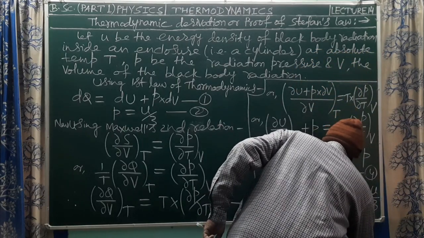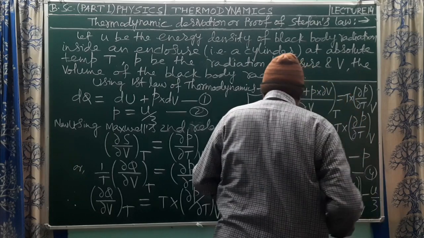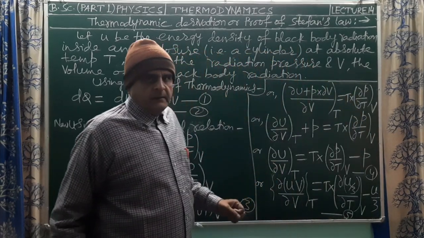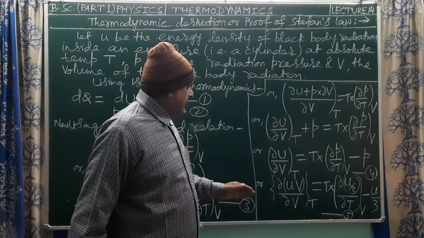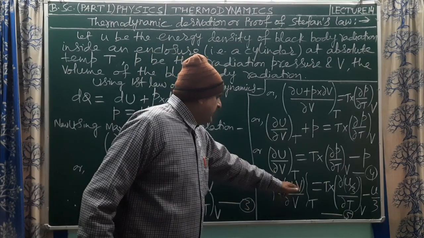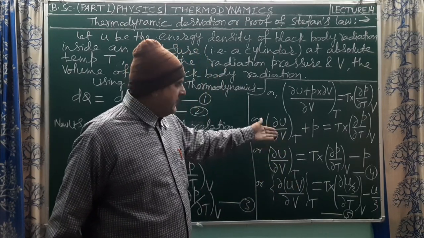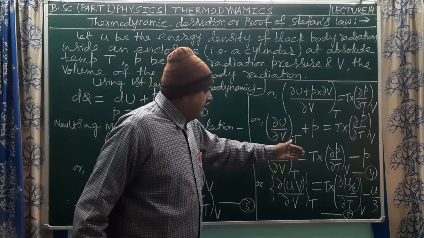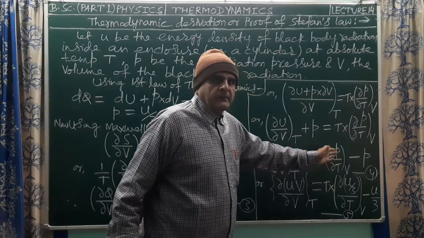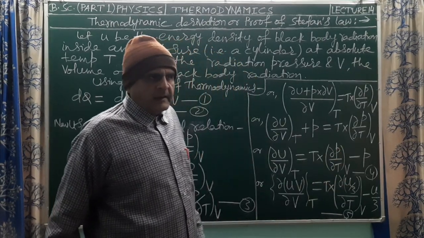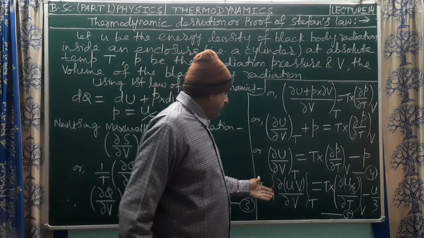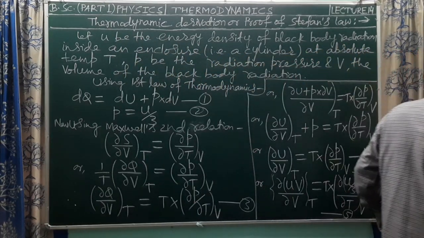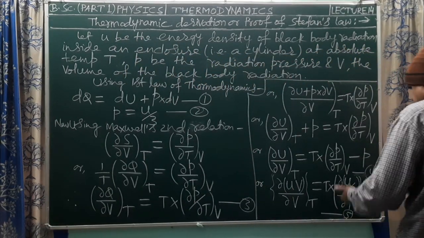Suppose it is equation number 5, in which we have substituted a small u into capital V in place of the internal energy of the system capital U, and a small u by 3 in place of a small p, that is the pressure of diffuse radiation. So we get this relation.